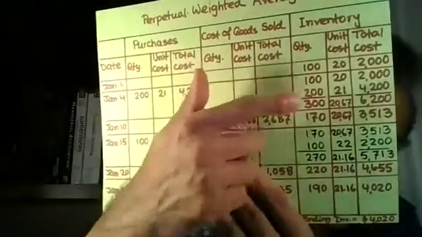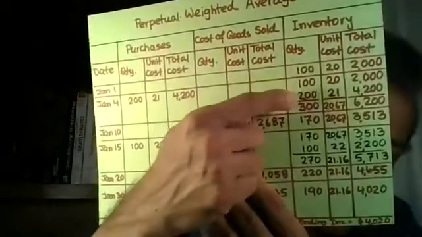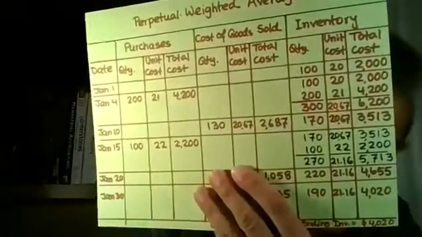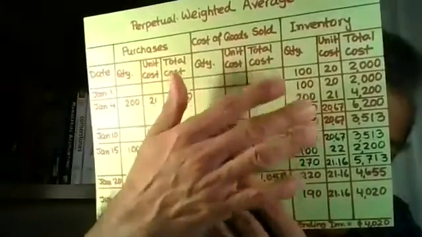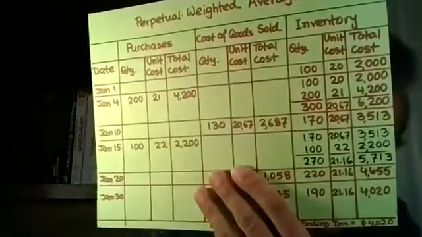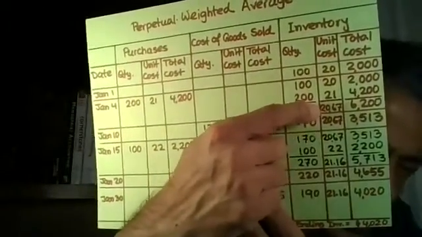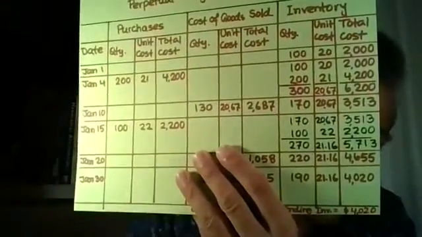One at 20, the other at 21, but the $21 items are more, 200 units versus 100 units at $20. So the weighted average is going to lean more towards 21. That's what happened. You can see the price here, $20.67. So $20.67, it's not $20.50.